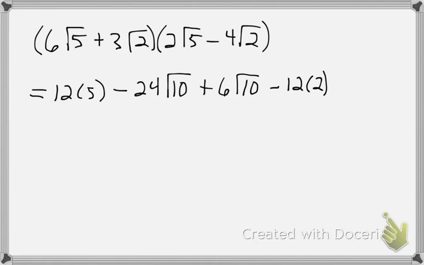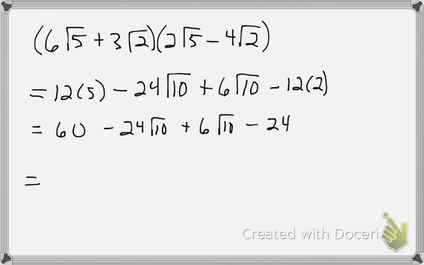Minus 12 times 2. 2 times 2 would be a square, which comes out of the square root. You guys agree? So we wind up with 60 minus 24 root 10 plus 6 root 10 minus 24.